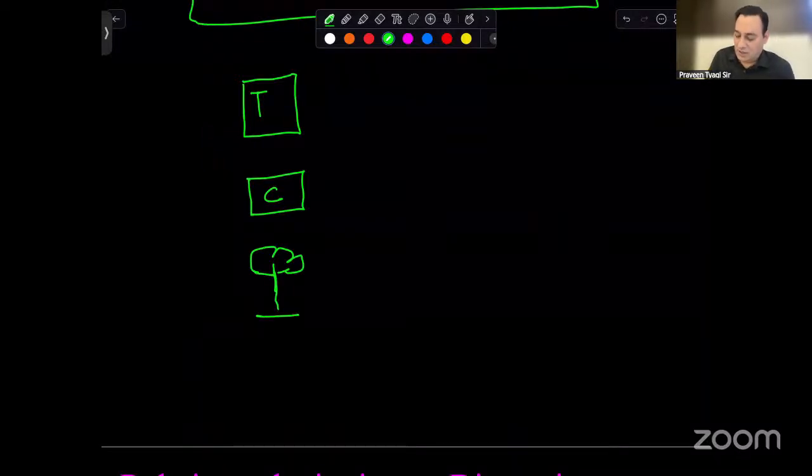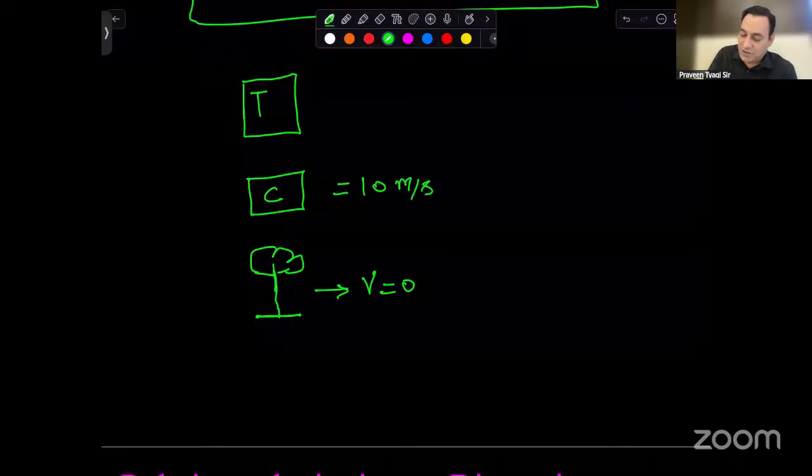Now, with respect to the ground, the velocity of the tree is 0. Velocity of the car, suppose I give it to you as 10 meters per second. And velocity of the truck, suppose I give it to you, is 50 meters per second. Suppose these are the velocities.